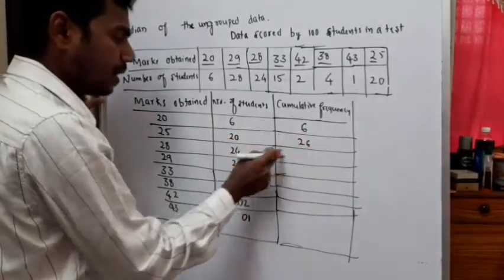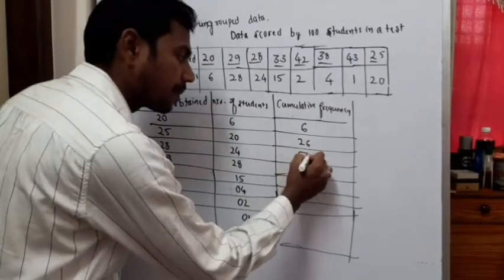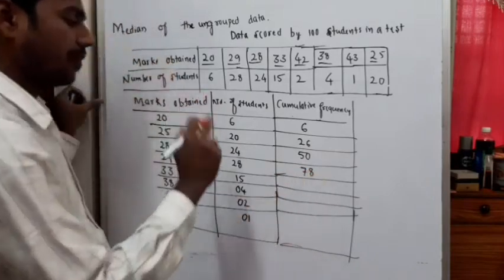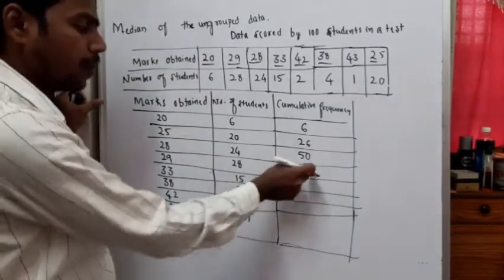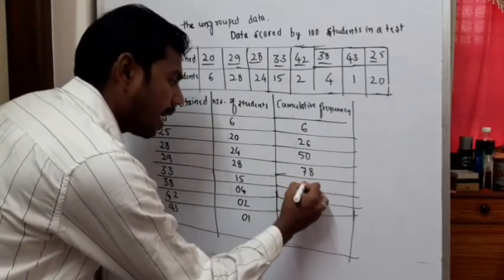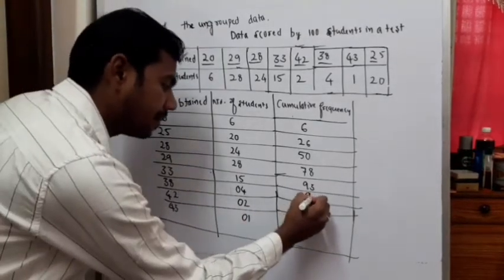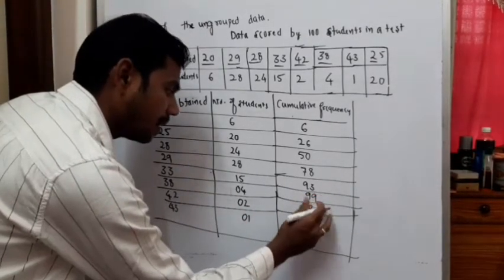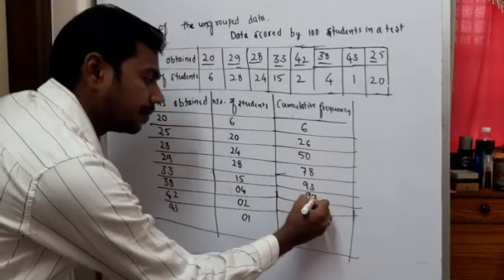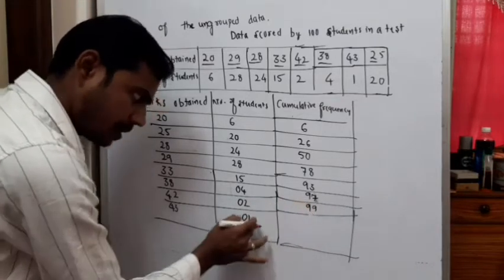See, 6 plus 20 is 26, 26 plus 24 is 50, and 50 plus 28 is nothing but 78. 78 plus 15, how are you going to calculate? Give 2 to it, it will become 80. 80 followed by 93, then 93 plus 4 is 97, 97 plus 2 is 99, 99 plus 1 is 100.